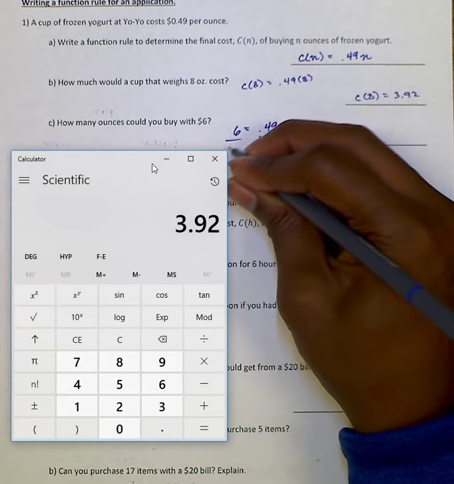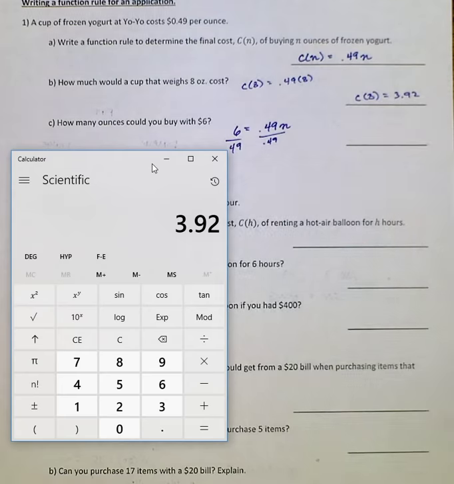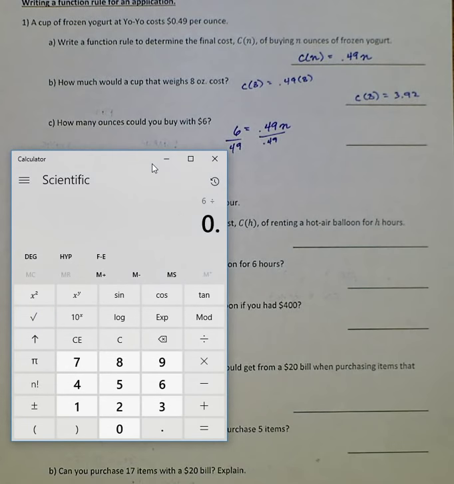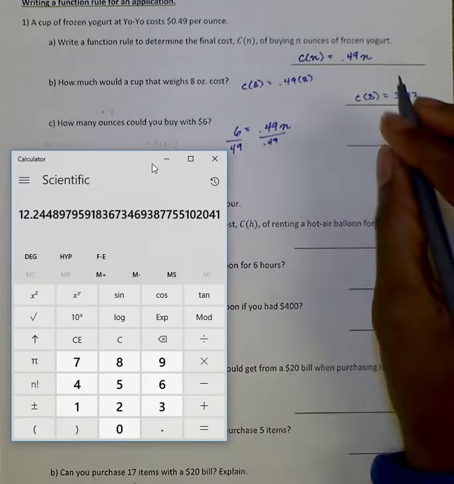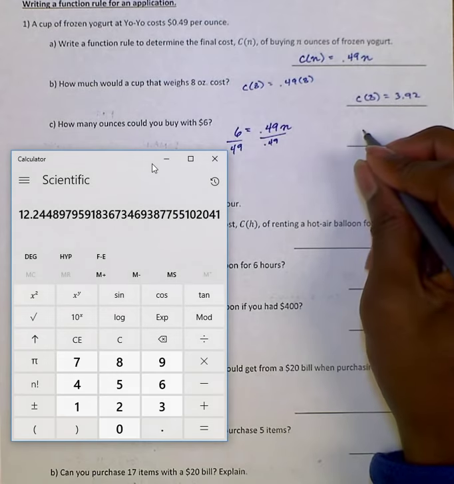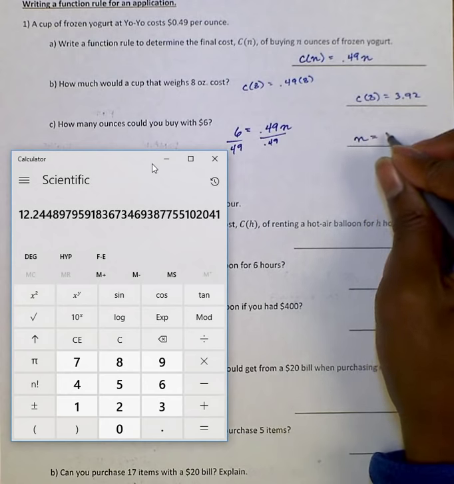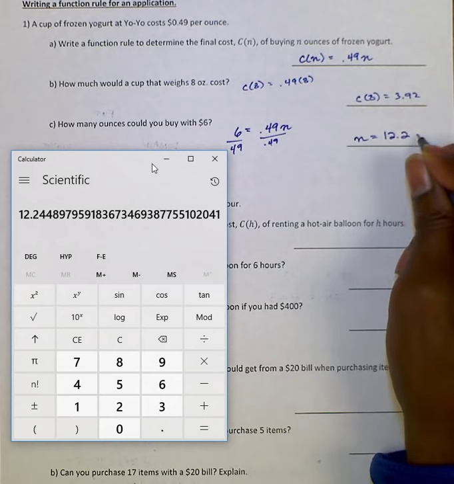Calculator would be helpful in this case. 6 divided by 0.49 gives us 12.24. Okay. And I'm going to leave it there. That's how many ounces I can buy. Probably 12.2. Okay, so I could buy 12.2 ounces.